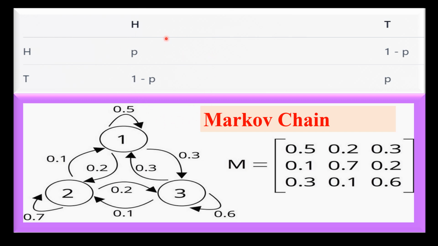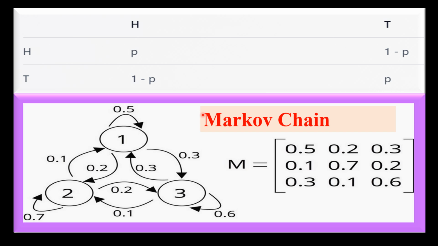Now this information can be represented as a Markov chain. So at each step, the current state, that is head or tail, determines the probability of transitioning to the next state. Transition probabilities can be represented in a matrix like this, where the rows and columns represent the states and the values in the matrix represent the probabilities of transitioning from one state to another.